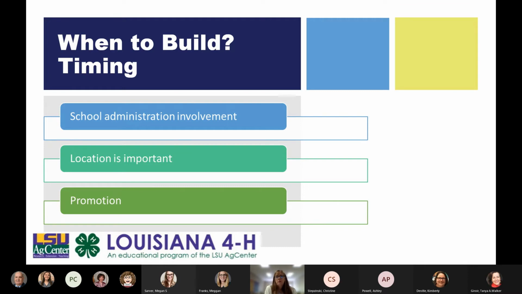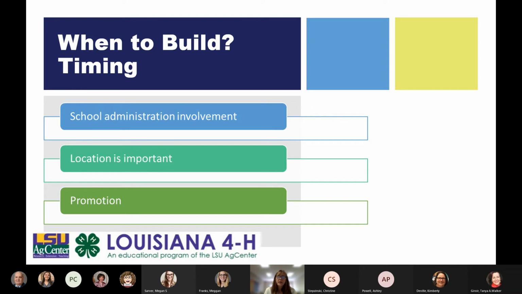The timing is important because if you're wanting to have orientation with your school leaders, you're not going to want to do that in January, because they'll be out there floundering from the beginning of school till January. So you want to make sure you're doing it at a time that's best for them. One thing that we do in our advisory meeting is we have our volunteers and volunteer leaders come. They're invited to our advisory, and we ask them what they prefer as far as orientation and trainings.